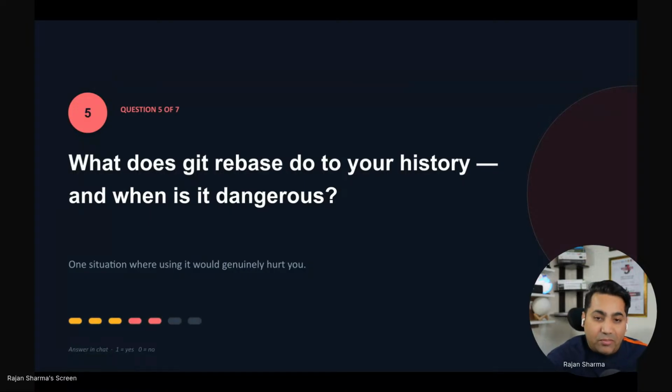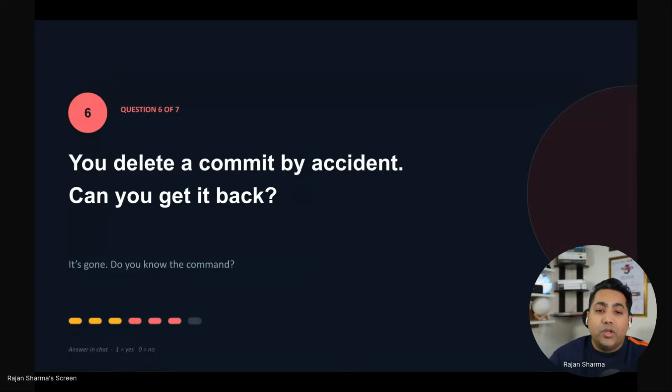Maybe yes, maybe no. But the question is, do you know that? Let's move on to the next question. You deleted a commit by accident, and if you want to revert it, can you get it back? This is the question I have.